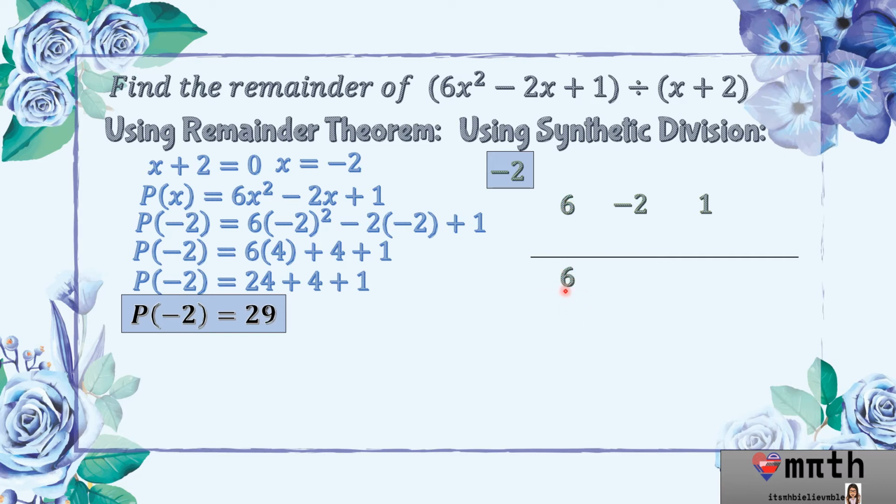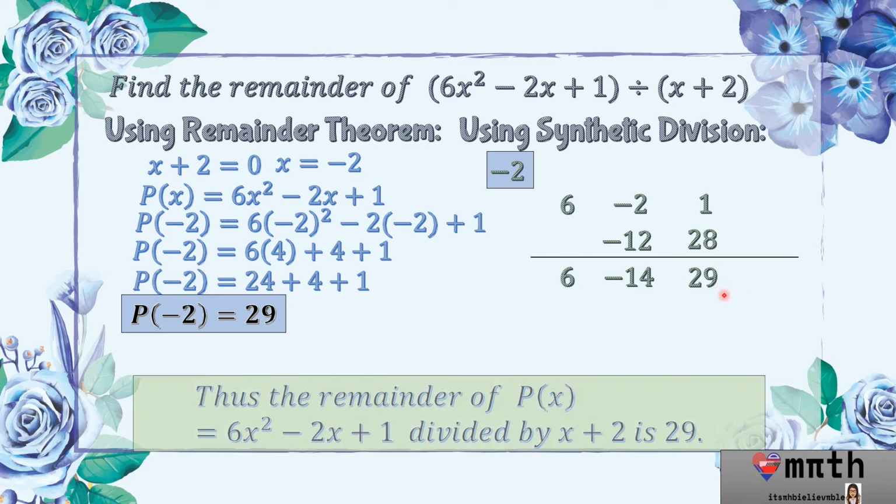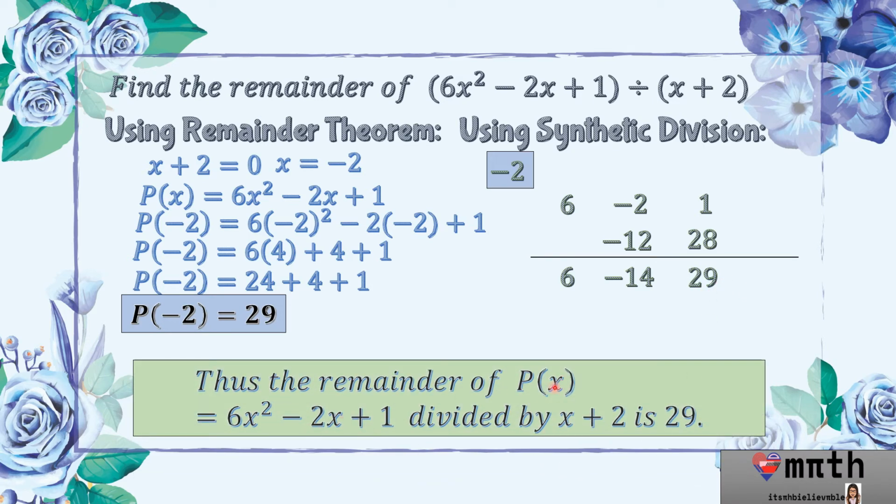Then we multiply this by negative 2, which is 6 times negative 2, negative 12. Then we add: negative 2 plus negative 12 is negative 14. Negative 14 times negative 2 is positive 28. And 1 plus 28 is 29. So, as you can see, we have arrived at the same value of remainder, which is 29. Therefore, the remainder of p of x equal to 6x squared minus 2x plus 1 divided by x plus 2 is 29.